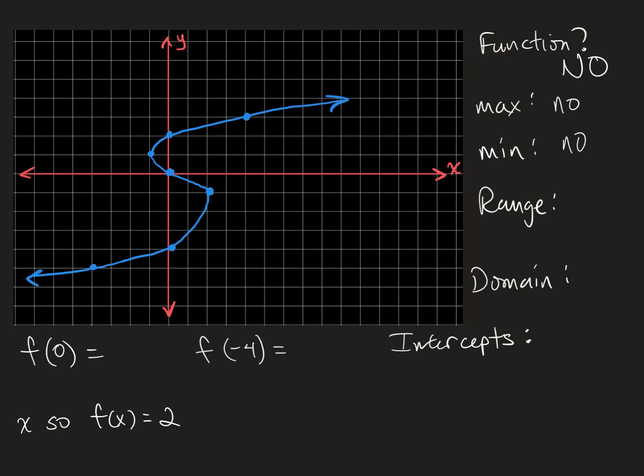And if there is no maximum and there is no minimum, and you have arrows pointing toward the maximum and toward the minimum, then your range is negative infinity to infinity. It's everything. It goes down forever, negative infinity. These are negative y values. It goes up forever, positive infinity. These are positive y values. Yeah, range, negative infinity to infinity.